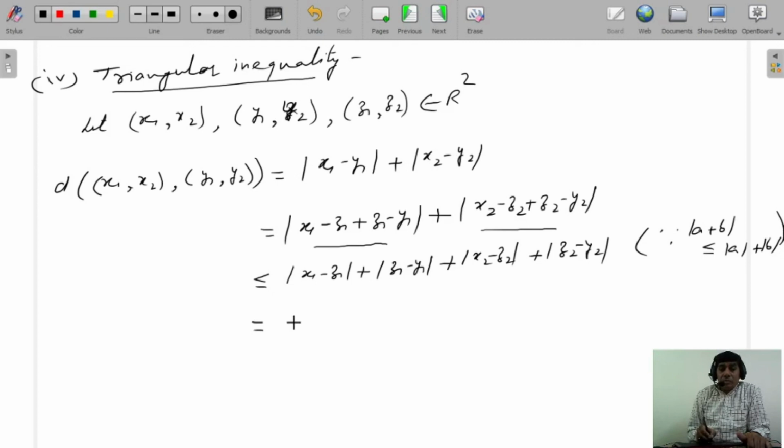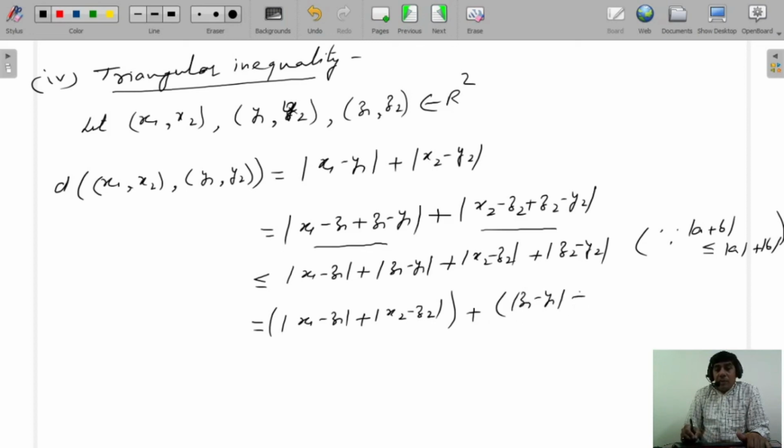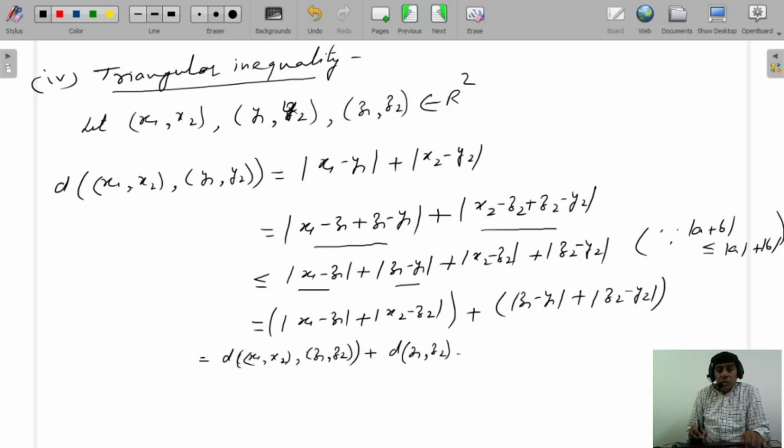We can write it as modulus of x1 minus z1 plus modulus of x2 minus z2, plus modulus of z1 minus y1 plus modulus of z2 minus y2, which is equal to d((x1, x2), (z1, z2)) plus d((z1, z2), (y1, y2)).